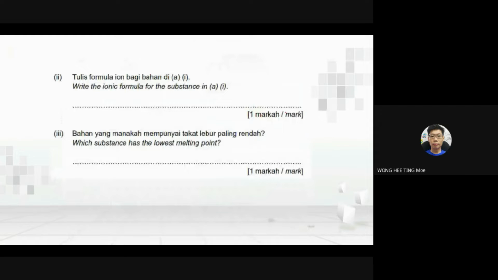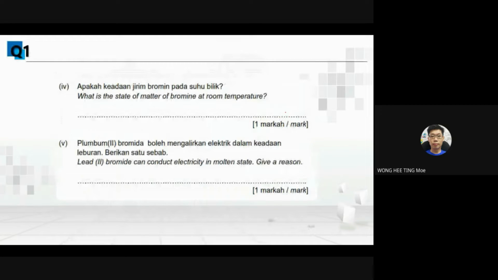Okay, now what is the state of matter of bromine at room temperature? Here, state of matter, or you will see physical state. So what is the answer for bromine at room temperature? Is it gas or liquid?